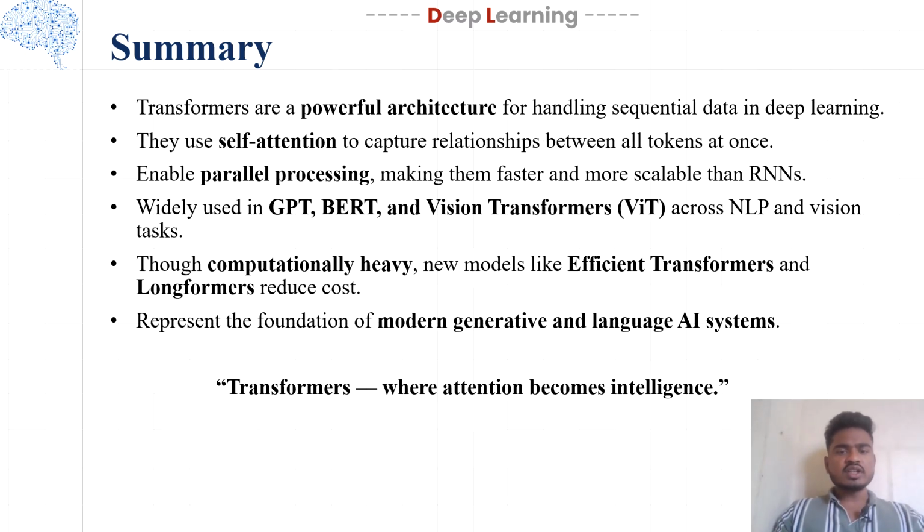Though computationally heavy, newer models aim to reduce the cost. They represent the fundamentals of modern generative and language AI systems. Transformers: where attention becomes intelligence. That is the main line I can quote for transformers.